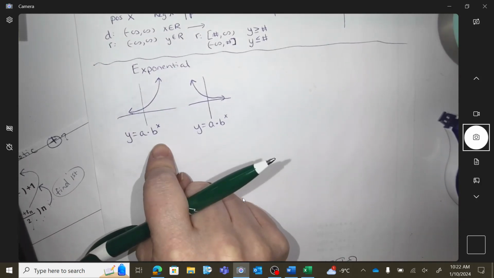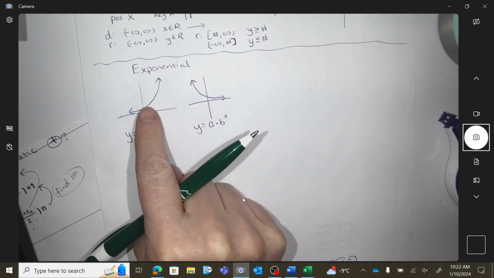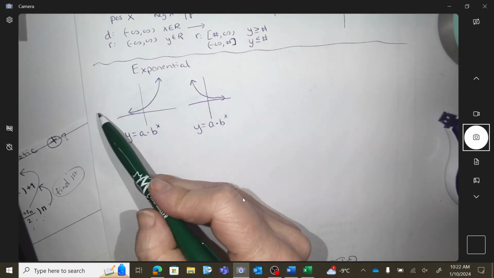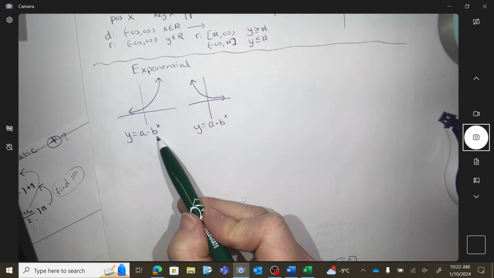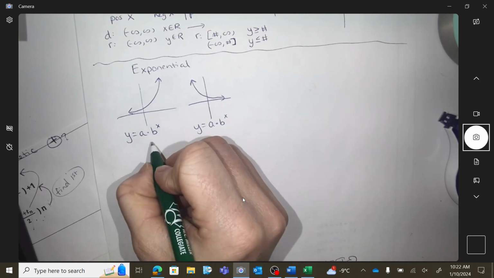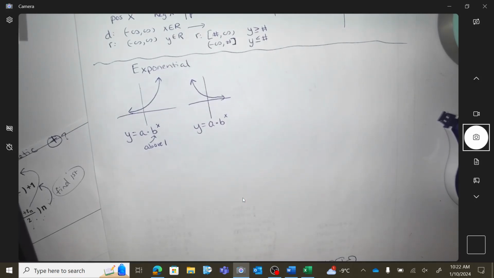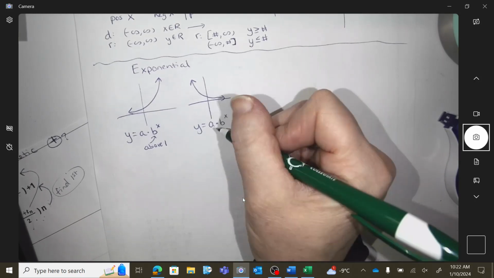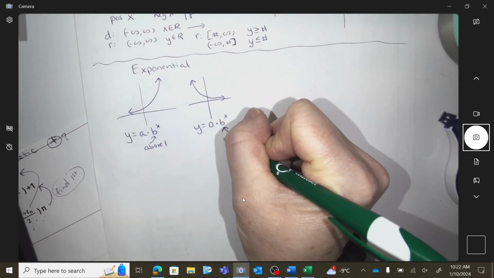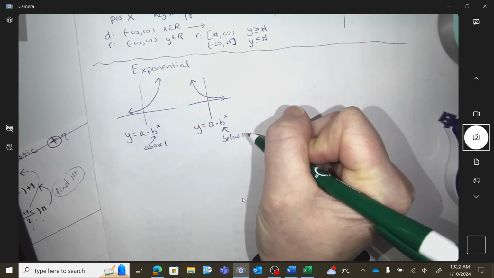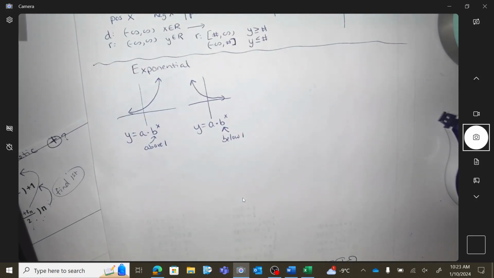What do you know about the base of an equation? When it draws a picture like this, what's going on with the base? It's because this is above 1. You're going to grow, right? Remember that? If the base is above 1, it's appreciating, it's growing. And if the base is below 1, you're going to drop.